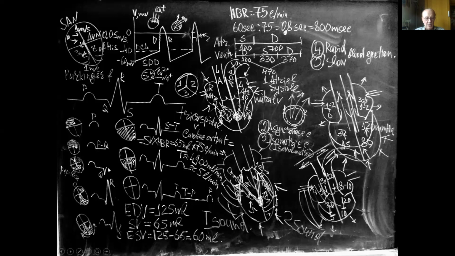That's why we register the negative Q wave. If the excitation conducts in the main direction from the base to the apex of the heart, we register positive waves on the ECG. If the excitation conducts in the reverse direction, we register negative waves. This is the excitation conduction in the septum and in the papillary muscles.